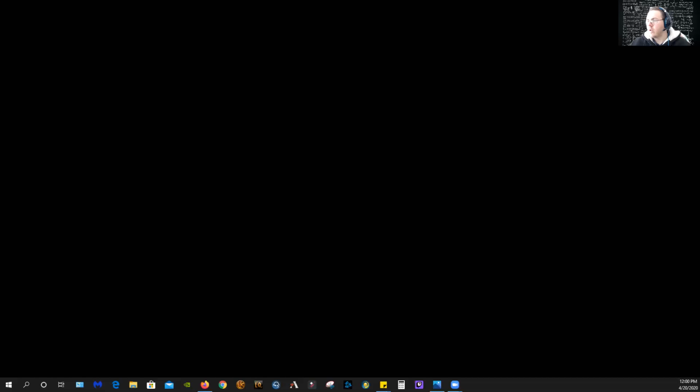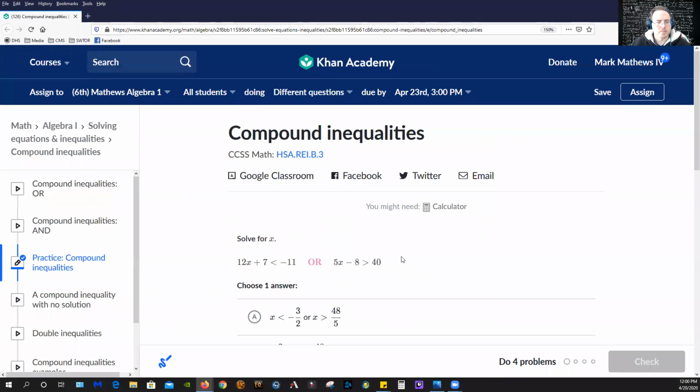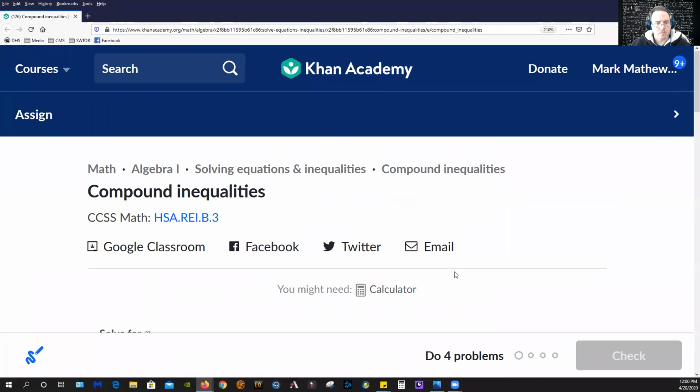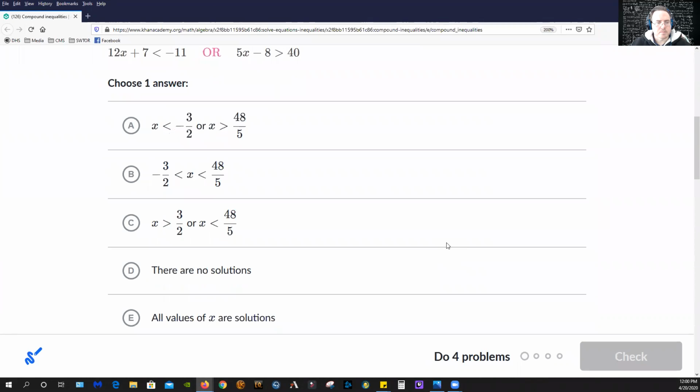Okay, there's one more lesson I wanted to work on today. That's called compound inequalities. So let's see if we can make sense of this.